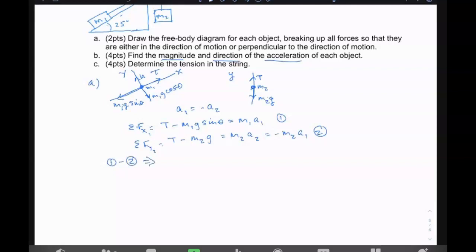And when I do that, I get minus m1g sine theta plus m2g is equal to m1a plus m2a. I'll call it a1.